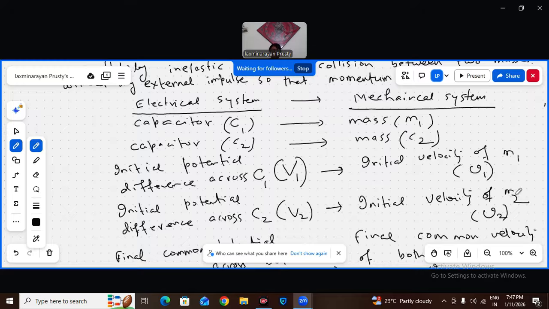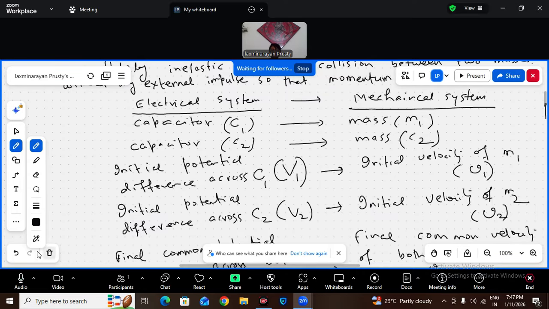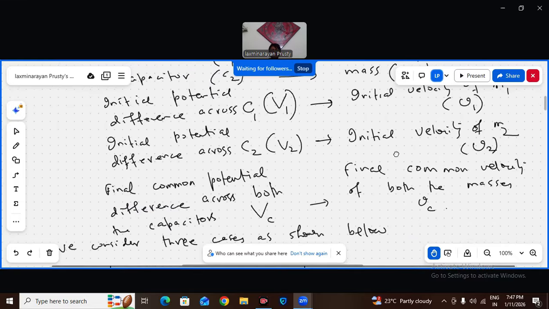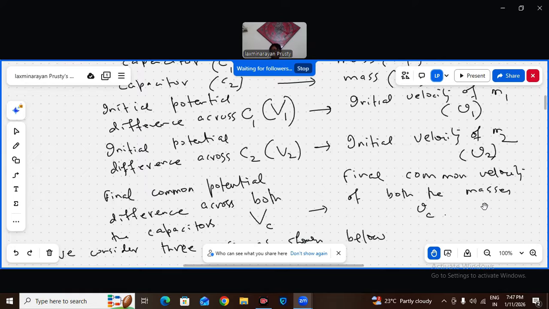Initial velocity of mass M2 is small v2. So after collision, what will happen? Final common velocity, call it small vc, and final common potential difference across both the capacitors, capital Vc.